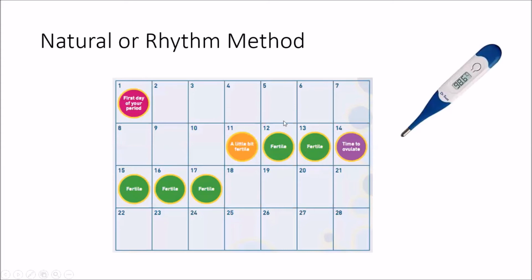The reason why she is the most fertile is because this is when ovulation occurs. This is when an egg cell has been released from the ovaries. In order for fertilization and then pregnancy to occur, you need a sperm cell, and you also need an egg cell. So an egg cell is going to be released around this time here.